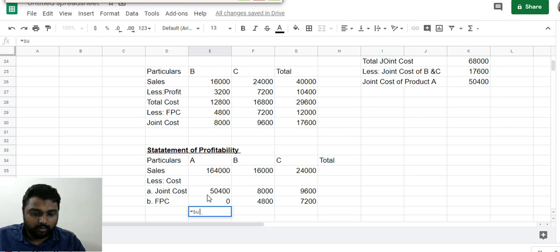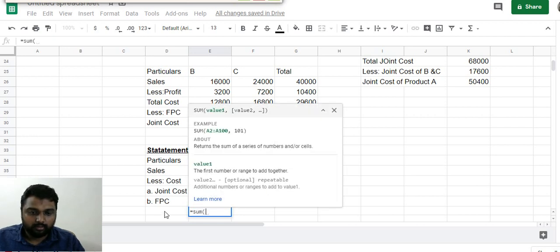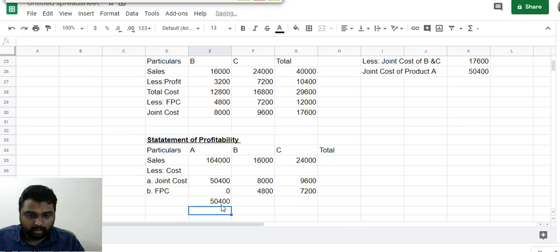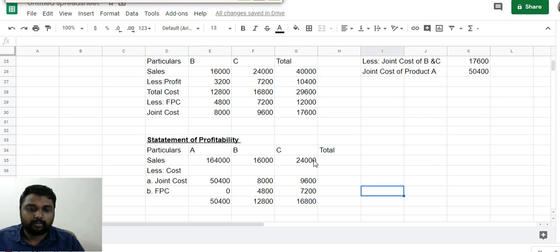What will be the total cost? For A, 50,400. For B, it is like this. So we have to find out the profit.